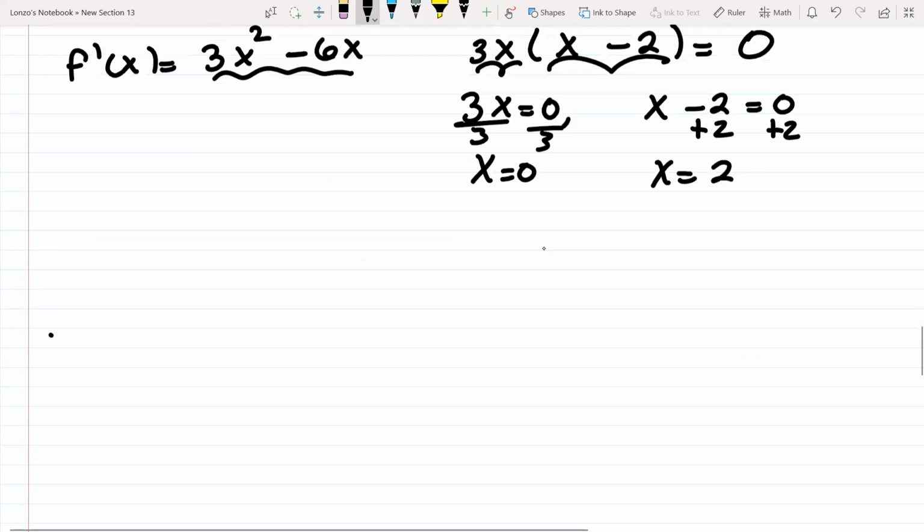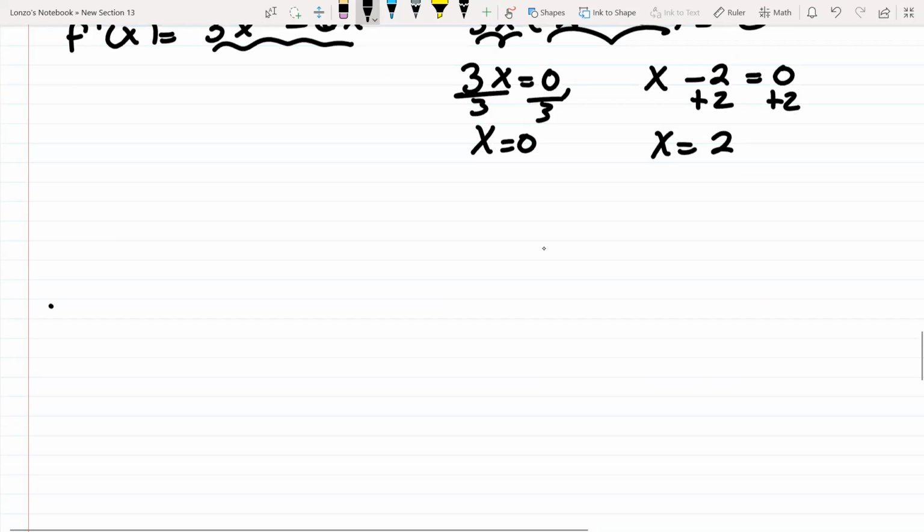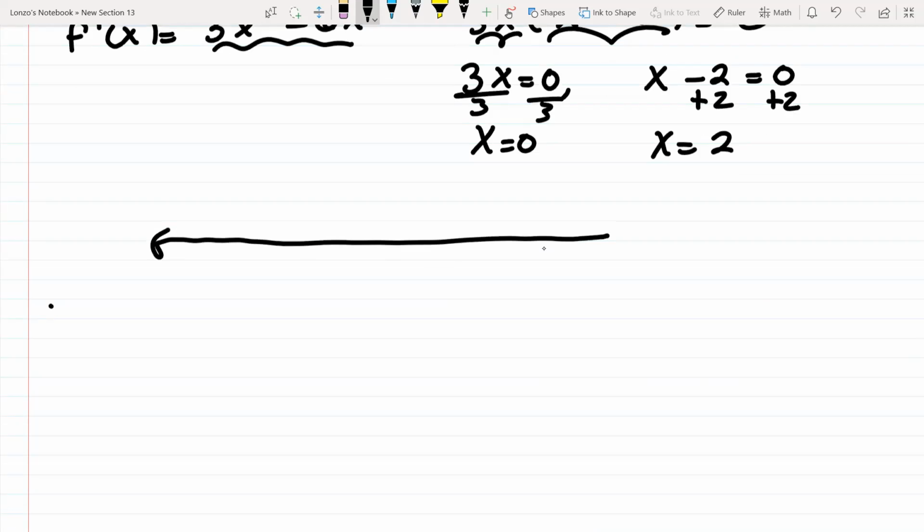Just like in college algebra, we do a test point method. It's the same thing. Our smallest x value is 0. Our higher x value is 2. So we're going to test 3 boundaries: a number less than 0, a number between 0 and 2, and boundary 3 is a number greater than 2.